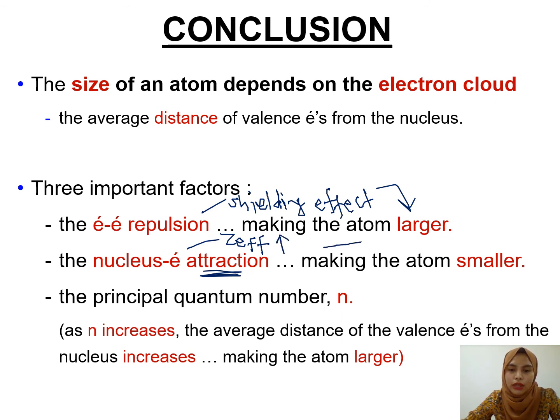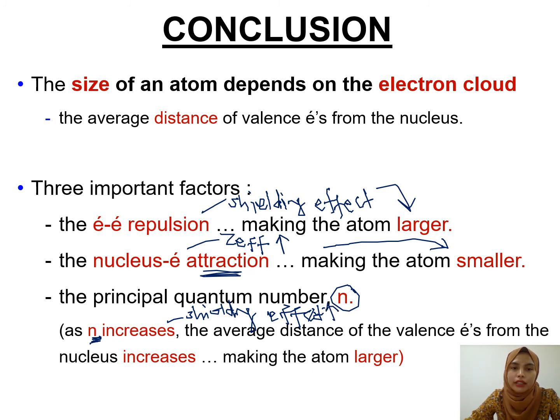So therefore it makes the atom smaller. And also one of the important factors is the principal quantum number. Why? Because if the number of shells, n, increases, it contributes to the shielding effect, right? So if n increases, the shielding effect increases. Therefore, it makes the atom larger.